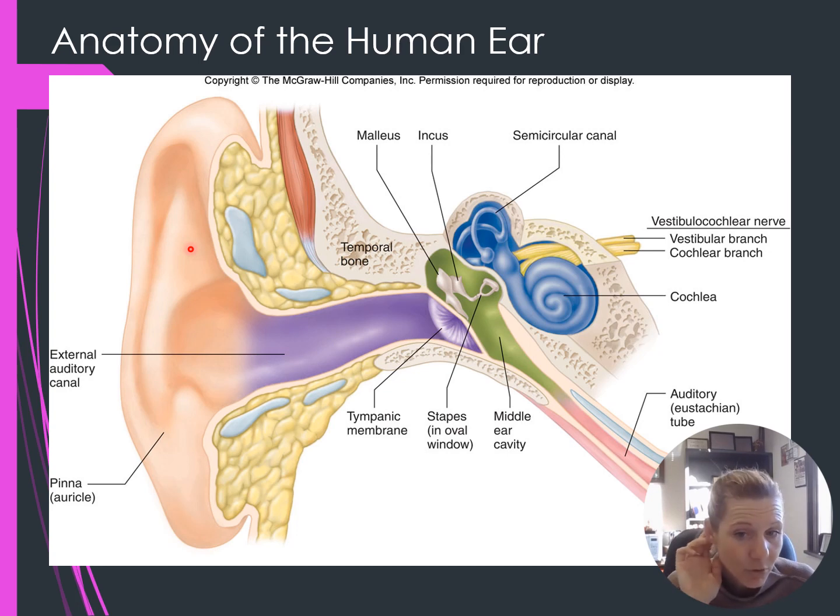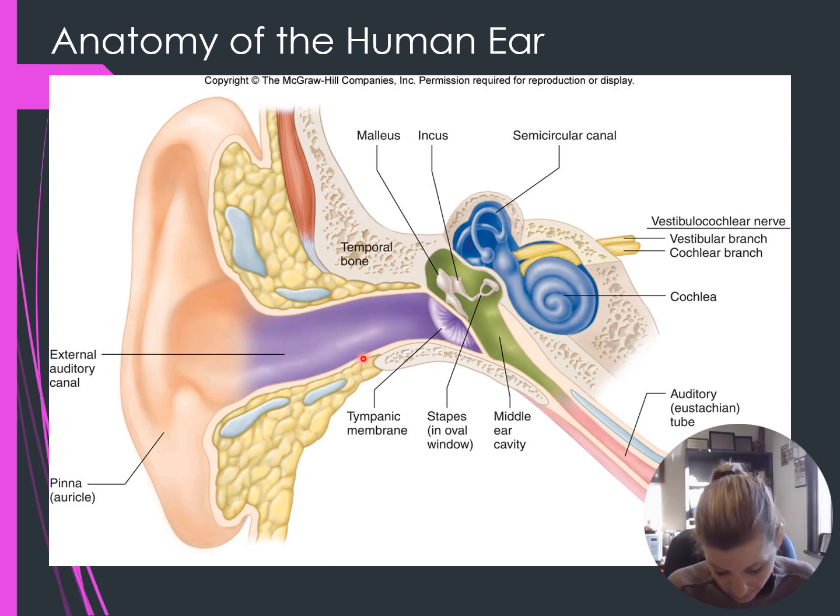The external portion of our ear will act like a funnel that will allow those sound waves to travel into the external auditory canal. And as those sound waves travel through the external auditory canal, they're going to reach the external acoustic meatus, which would be kind of like right at the edge here. And the sound waves are going to travel through here.